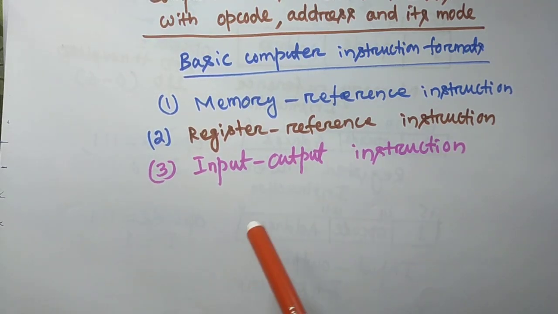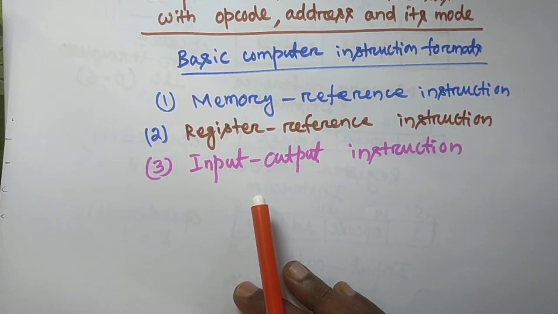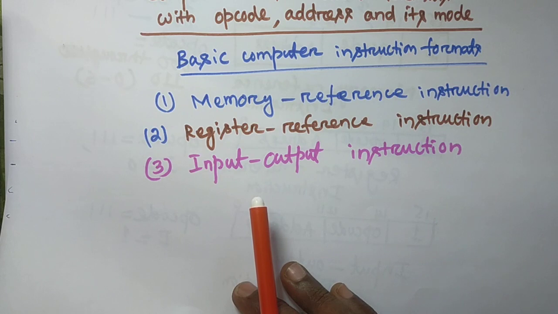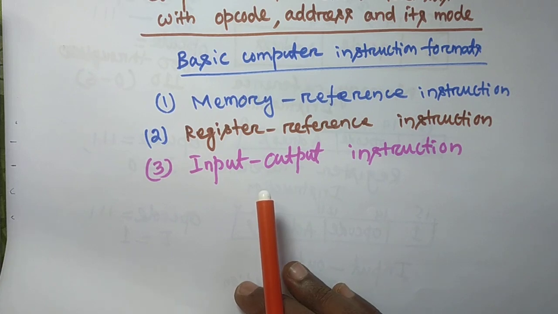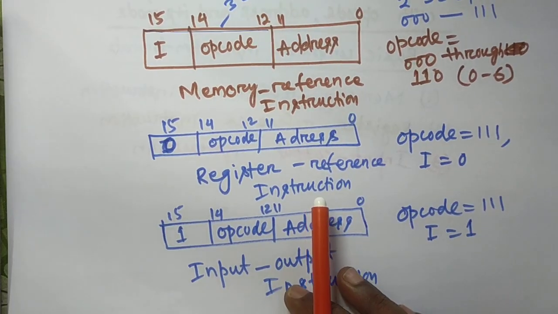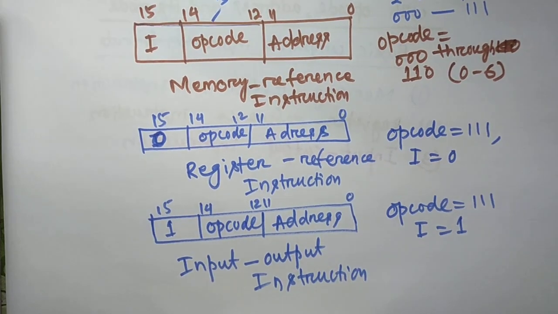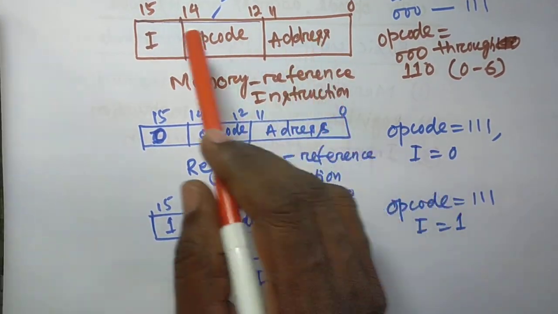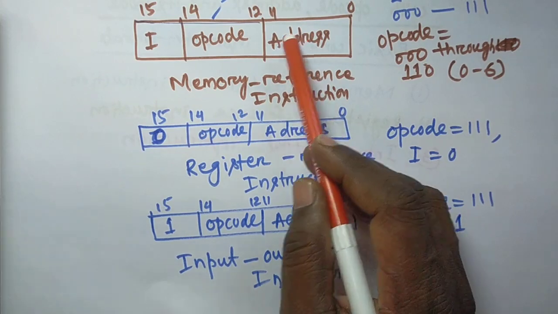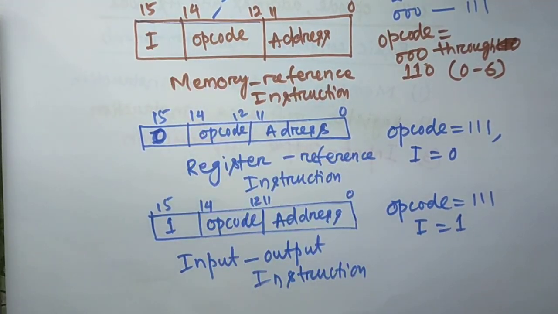Based on that, we will see how it is defined from a given instruction format. Once again, I will tell you, this instruction format has three parts: address part, opcode part and mode part, okay.